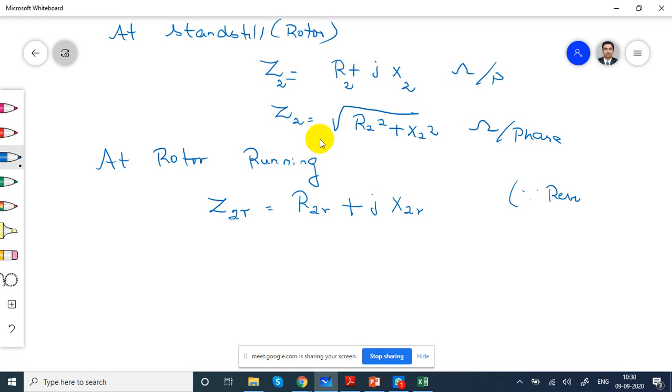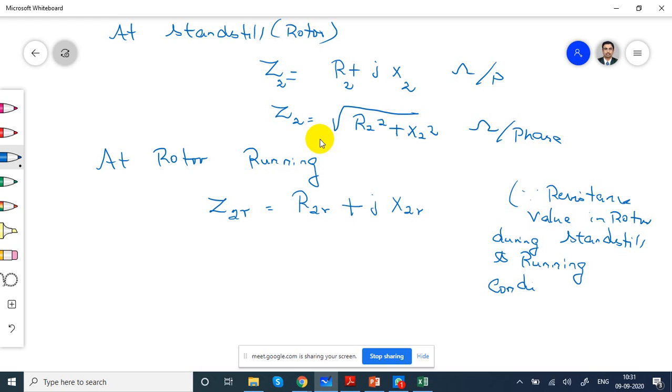Note down that the resistance value in the rotor during standstill and running condition is the same, that is R2 equal to R2R.